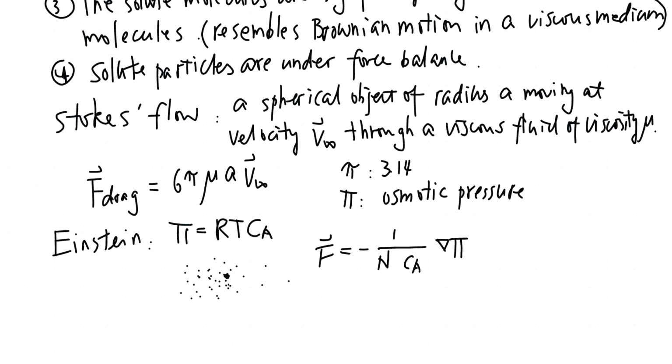This N_A is not a flux. This N_A is Avogadro's constant. How can we differentiate N_A versus a flux?